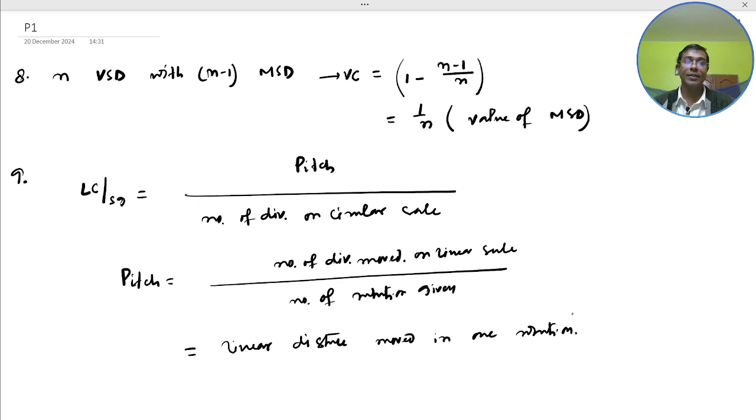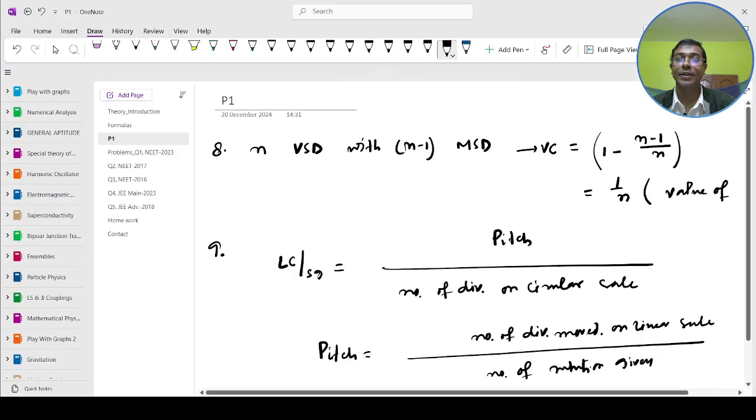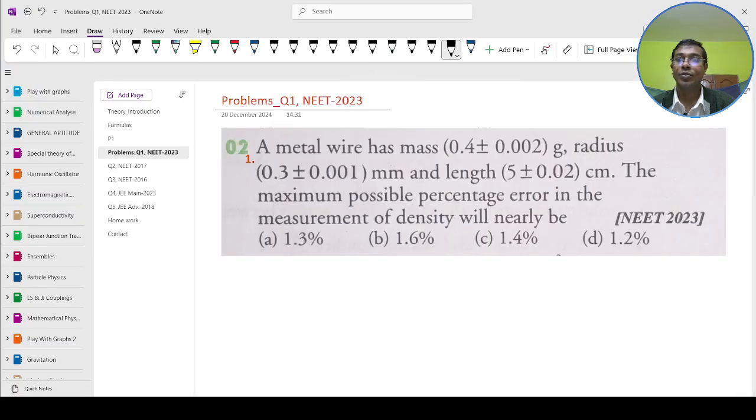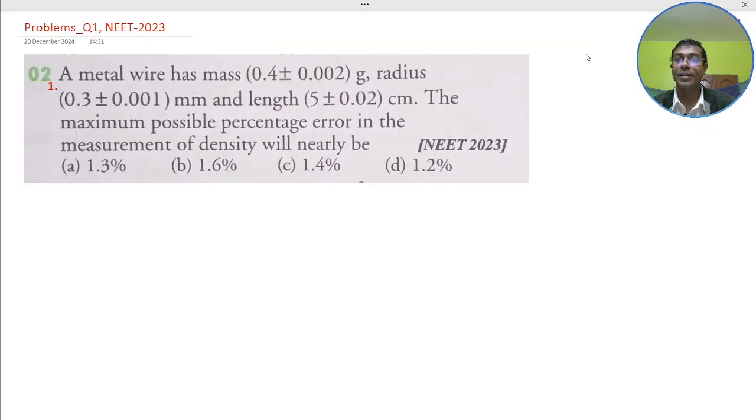So basically these are the short formulas here, and we will now cover some important problems in the sections. So the first one is coming in NEET 2023.